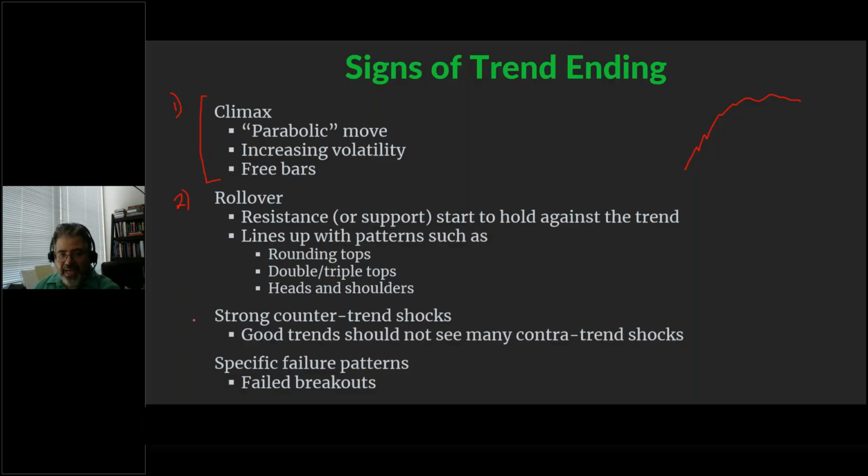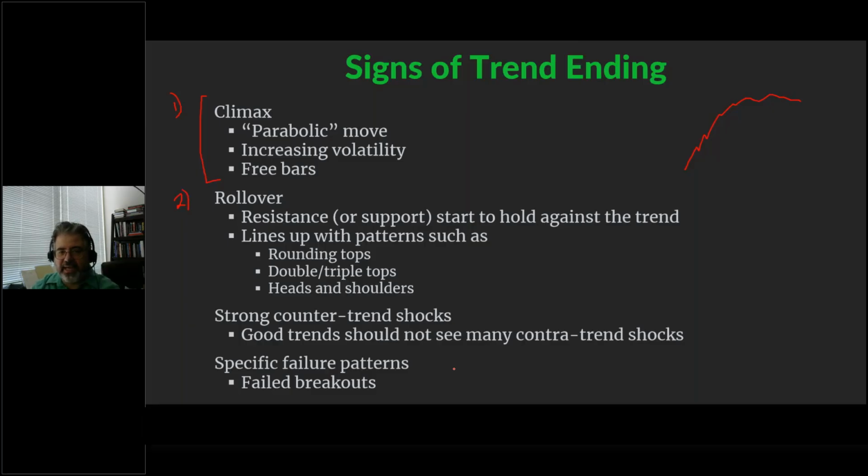One thing that you can filter for is that you should not see a lot of strong shocks against the trend. You will see some, and we use sigma spikes to measure, but if a market is uptrending, you'll see some like 2.5 sigma spikes against the trend. You shouldn't see 5s and 6s.